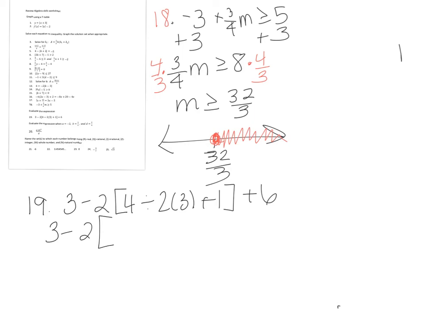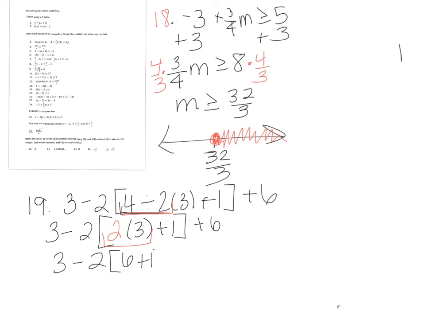So let's write down the rest of the problem. 4 divided by 2 is 2, so this is what I'm going to do in red. 4 divided by 2, so I get 2 times 3 plus 1 plus 6. Now I'm going to do the 2 times 3. 3 minus 2, bracket 6 plus 1 plus 6. And then inside the bracket, I can finish that out. 3 minus 2 times 7 plus 6.